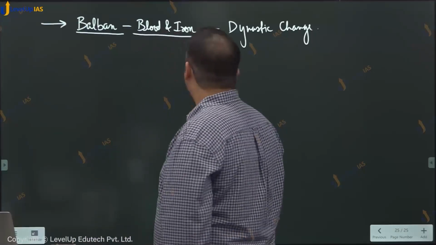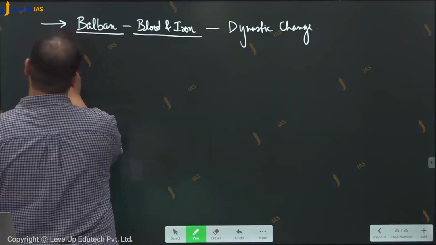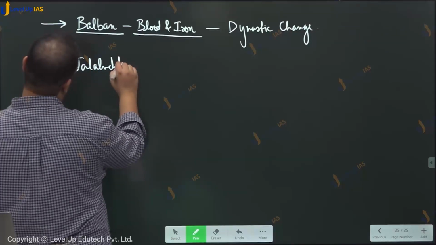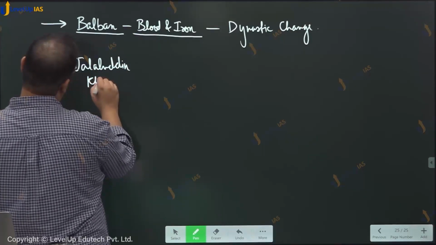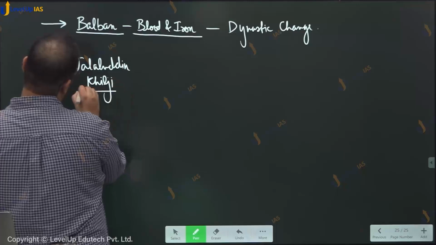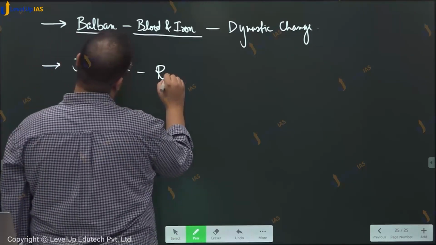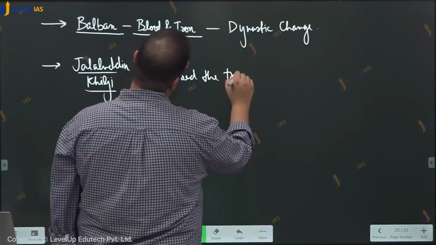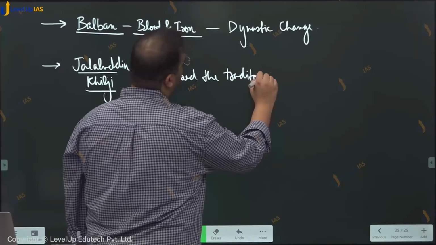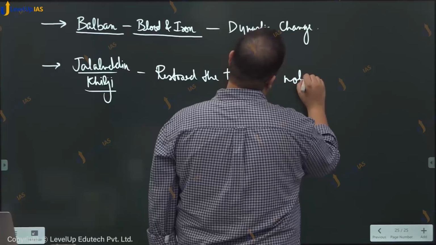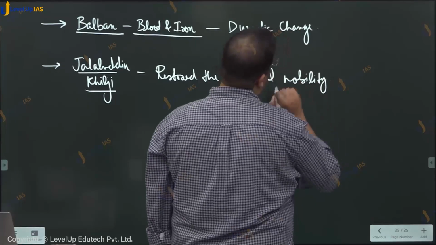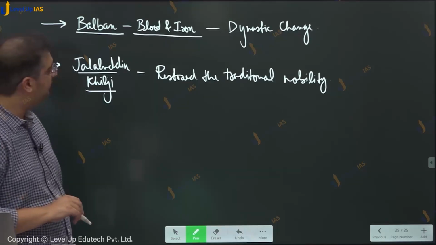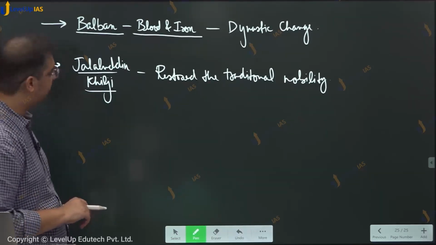Therefore, Jalaluddin Khilji simply restored the traditional nobility to its former power and restored their privileges.